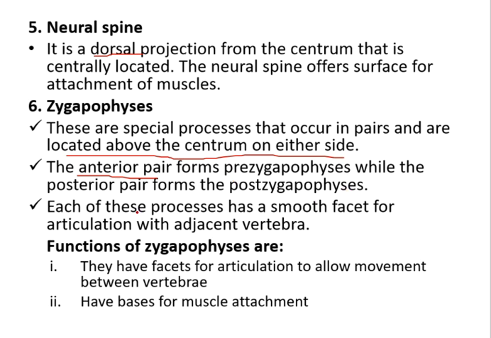And each of these have smooth facets. Facet is like a surface for articulation with adjacent vertebra. And the functions of zygapophysis are, they have facets for articulation to allow movement between vertebrae.